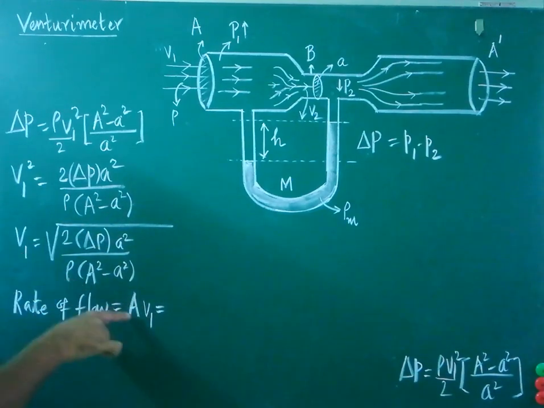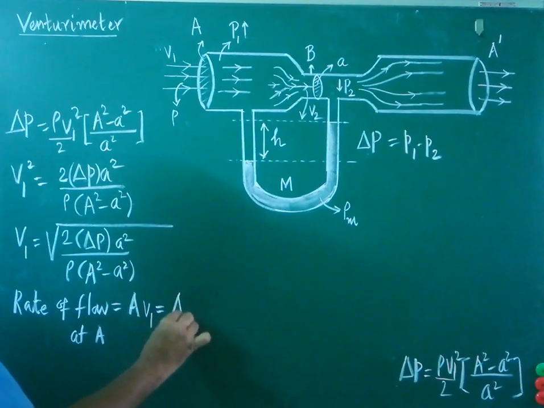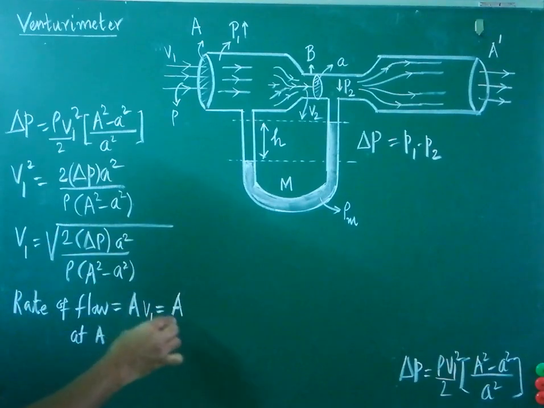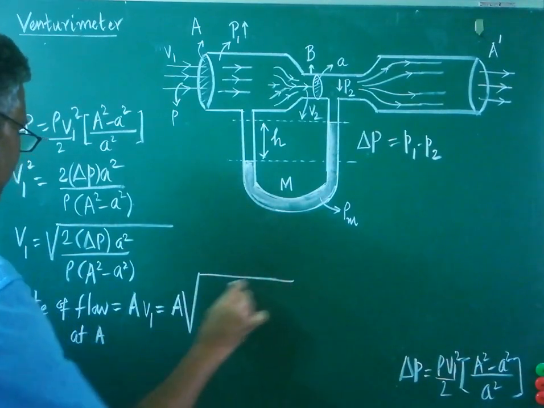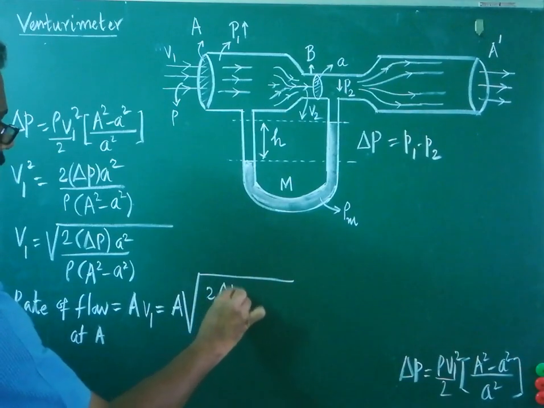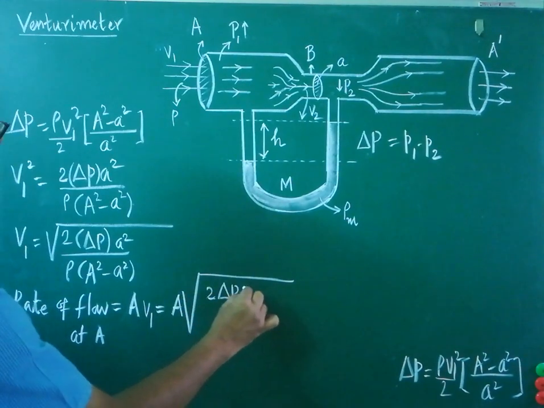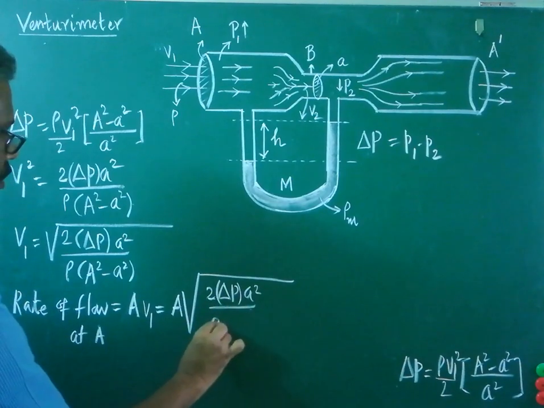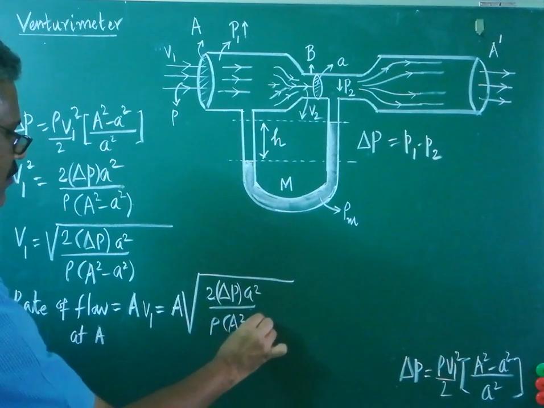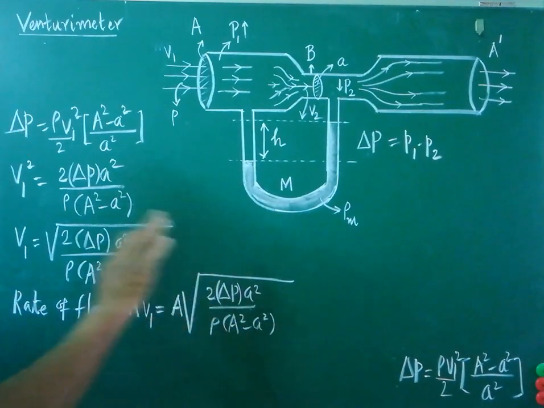The remaining thing is A is there. Just simply multiply this entire factor by A. A into square root of 2 del P A square whole divided by rho, A square minus small a square. So this is the expression.